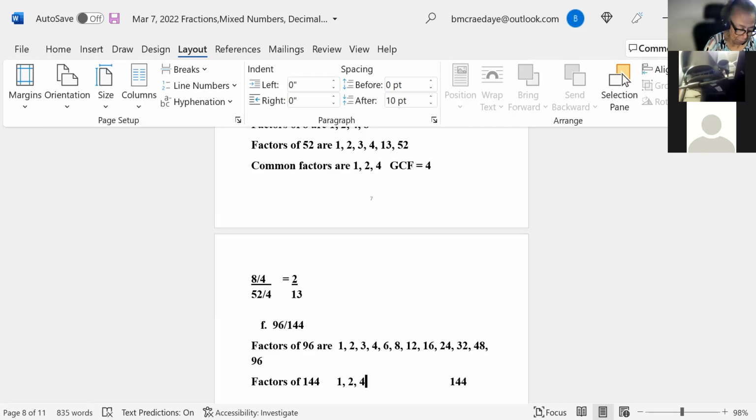What else? How about 3? 3 doesn't go into 144. Oh, yes, it does. Yeah, it would be a 3. So 1, 2, 3, 4, 6.